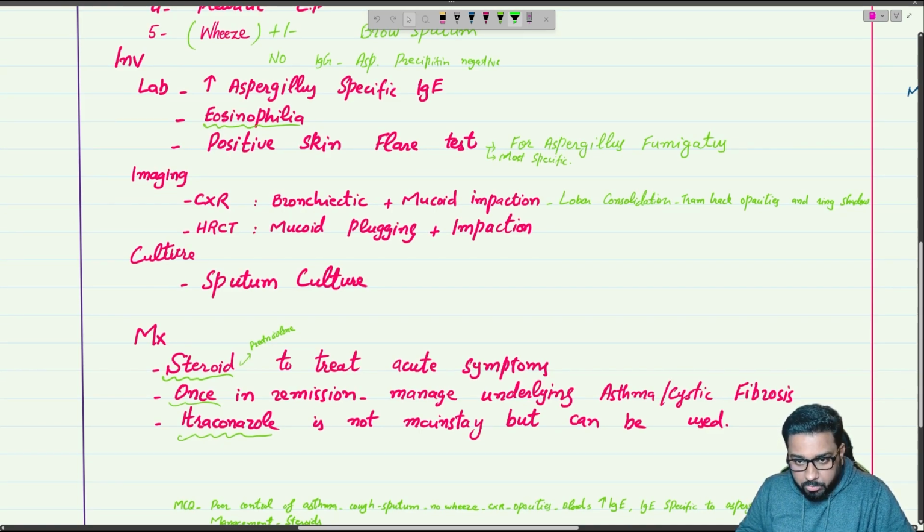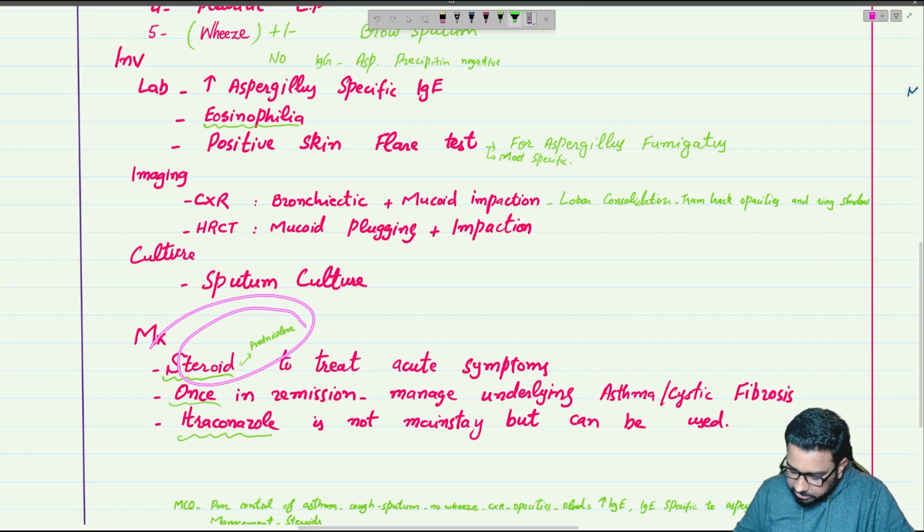Most of the MCQs will ask what is the management. Steroids. To treat acute symptoms, steroid.